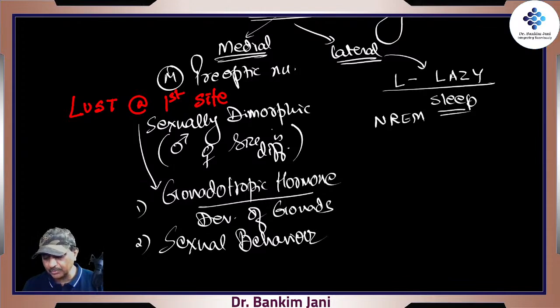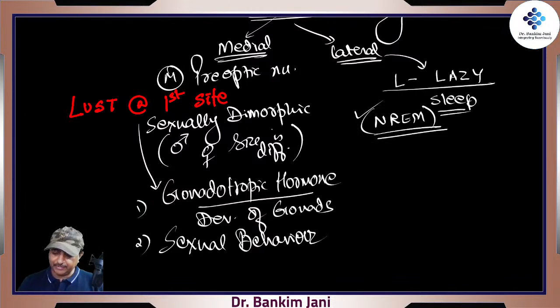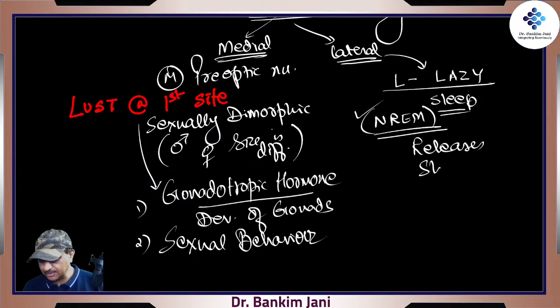You know that in sleep there is a rapid eye movement and a non-rapid eye movement phase. So during the NREM phase, the lateral preoptic nucleus comes into picture. What it really does is release sleep related neurotransmitters.